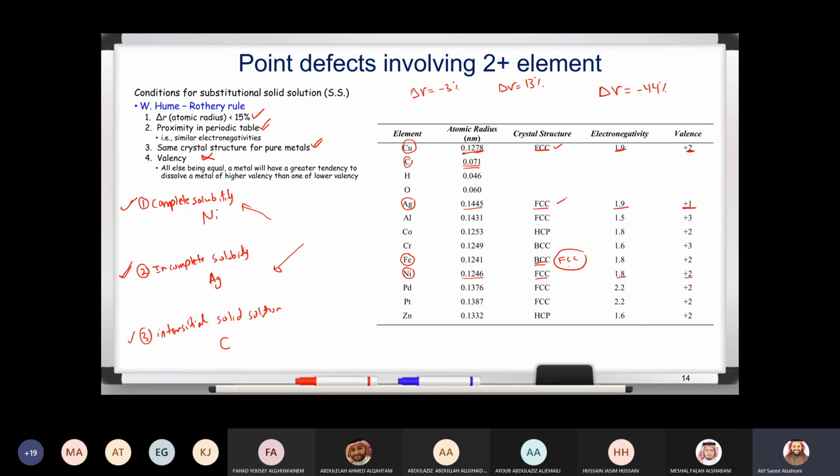Similar to the structure, we are concerned not about the elements in general, but about the exact structure at this temperature. So here also we are concerned about the exact valence for this element, whether it will have complete solubility or not. I'm not sure if I answered the question or added some confusion to the answer.